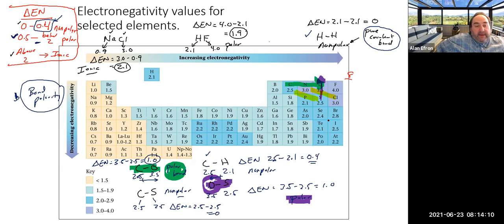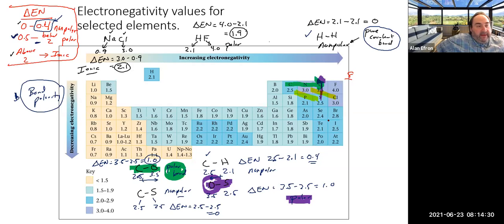Now, we also talked about that there's a lot of situations where you might not even need the actual numbers here for electronegativity to make your determination in terms of whether it's a polar bond or a non-polar bond. And that's especially dealing with, obviously, covalent bonding.